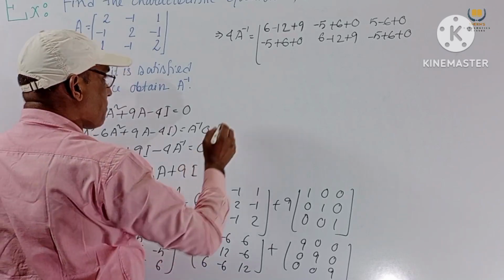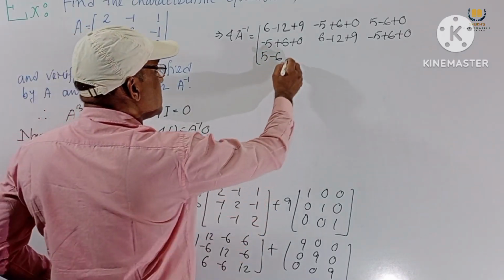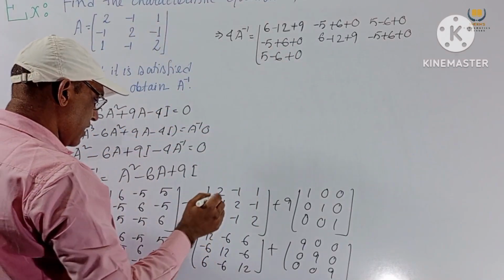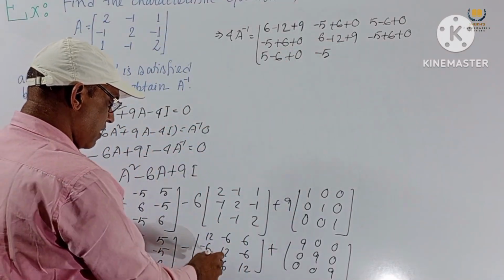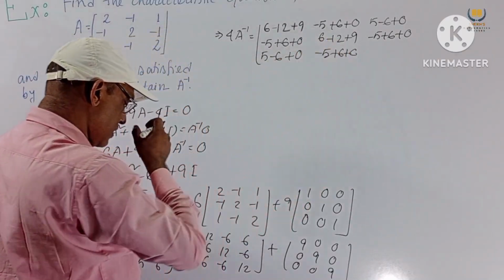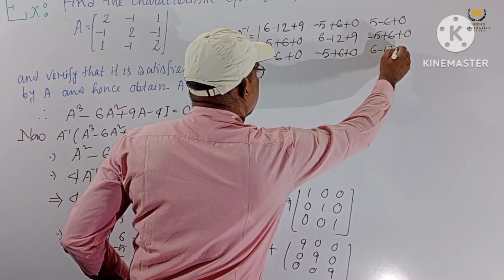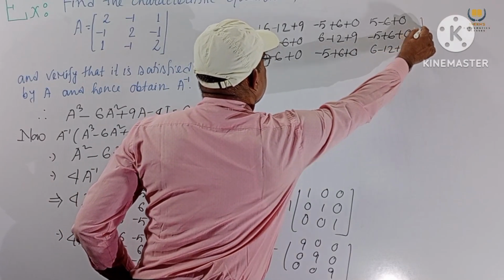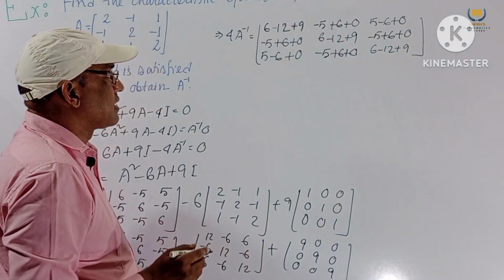This is 5 minus 6, 5 minus 6 plus 0, minus 5 plus 6 plus 0, and the last one 6 minus 12 plus 9, this is 6 minus 12 plus 9.